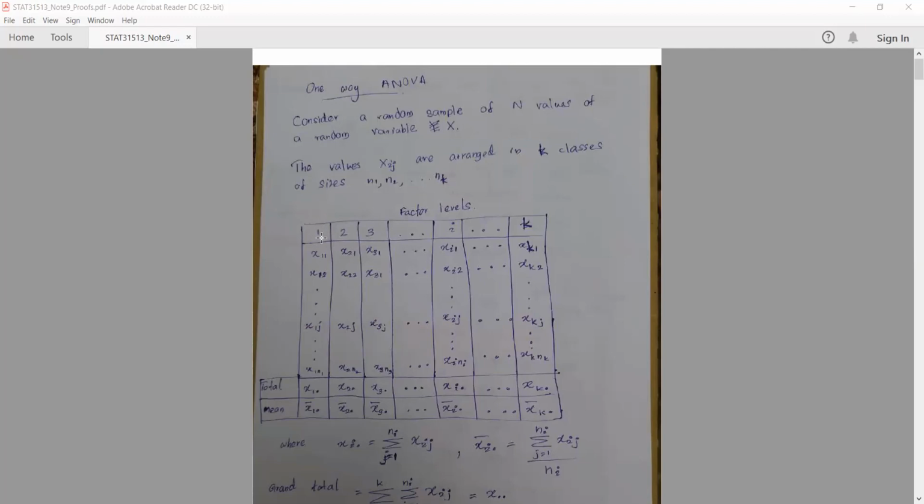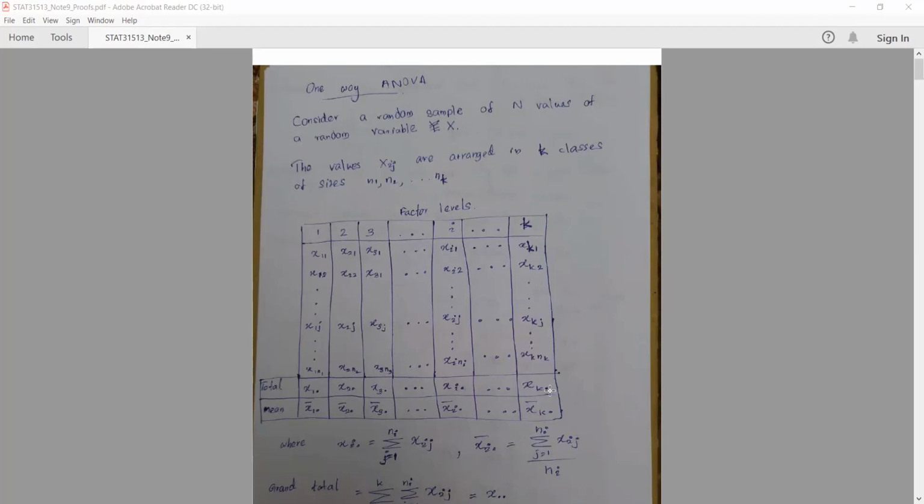For example, for treatment 1, the summation of all these values, x11, x12, x1j up to x1n1, gives the total of all the observations under treatment 1, which we denote as x1 dot. For treatment k, the total is denoted as xk dot.